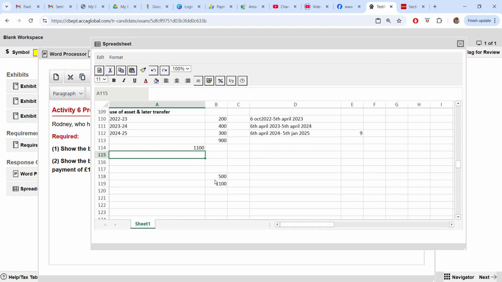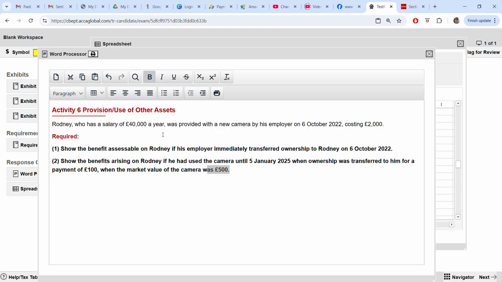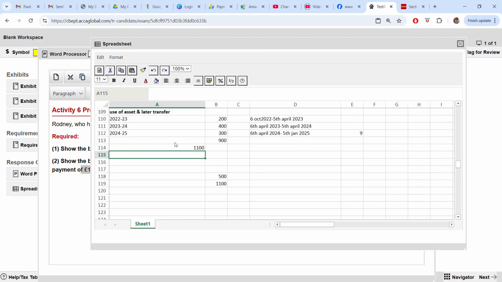From here you have to deduct contribution by employee. Remember this. This is the benefit when you're transferring a used asset. It is the greater of these two. So we have got this 1100. From here you are going to deduct the employee's contribution. So employee is contributing 100. So you deduct 100. Okay. So it's 1000.